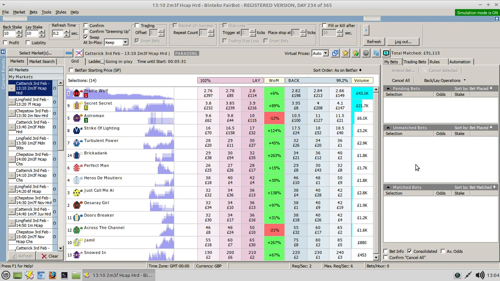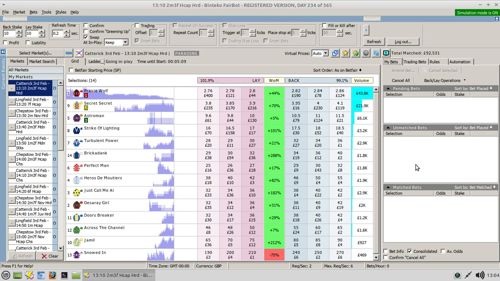Having said that, I simply didn't have enough time and I don't have enough data to draw any full conclusions from that. But essentially, if you're able to identify potential steamers pre-race, then that may be an option for you. But as I say, we're going to concentrate on trading out in running.